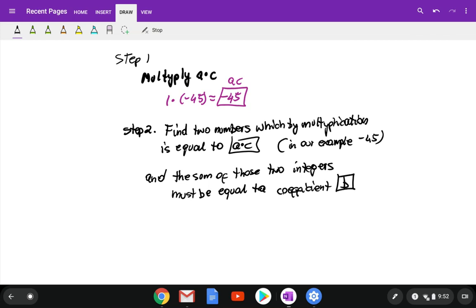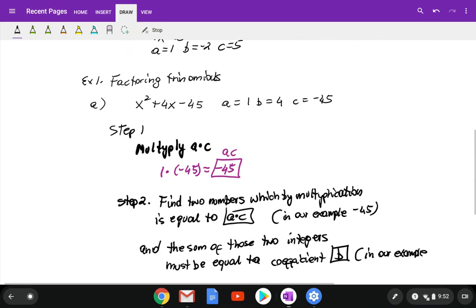In our example, b, let's go back, was equal to 4.